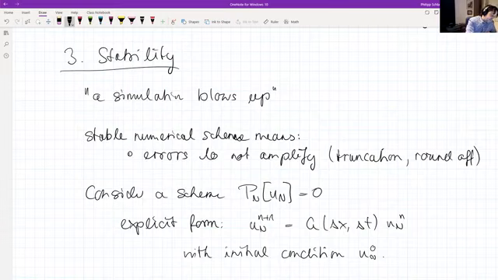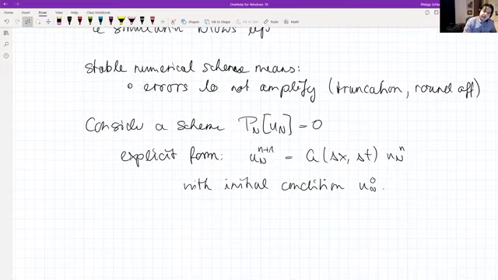And of course, that means now that I can formulate my time integration as a sequence of multiplying the initial condition with g.